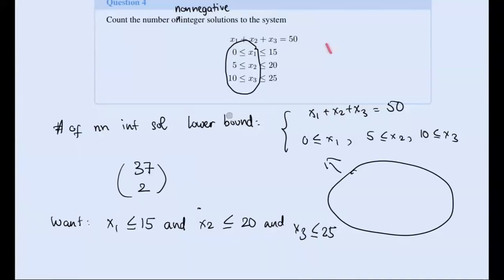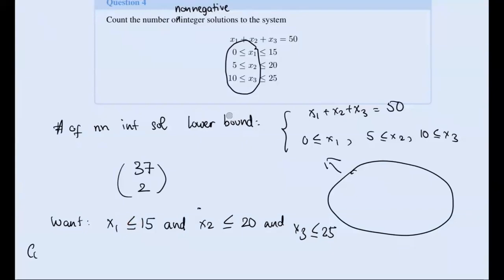However, if we can turn it into x1 greater than or equal to something, x2 greater than or equal to something, x3 greater than or equal to something, our life will be much easier because we can just use the strategy that we did here. So we would want the greater than or equal form. We don't want the less than or equal form.